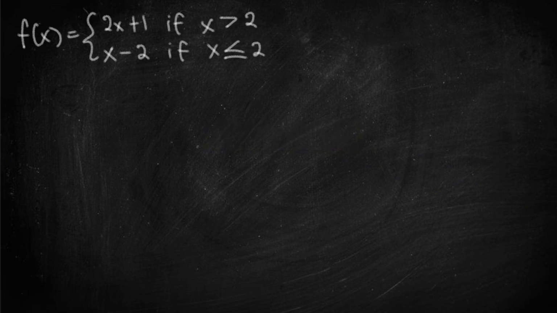Now, this is an example of a piecewise function because here we have a condition where we will use this formula 2x plus 1 if the value of x is greater than 2. And if our value of that variable is less than or equal to 2, then we will use this formula.